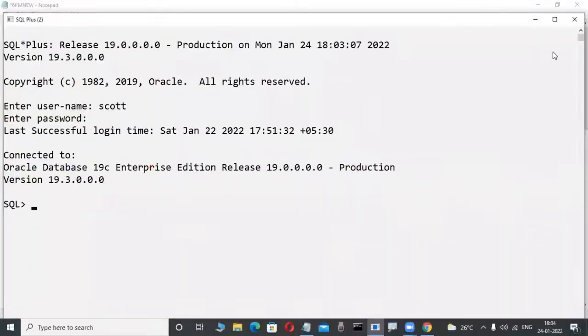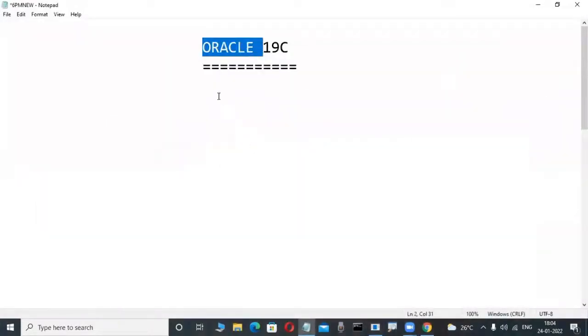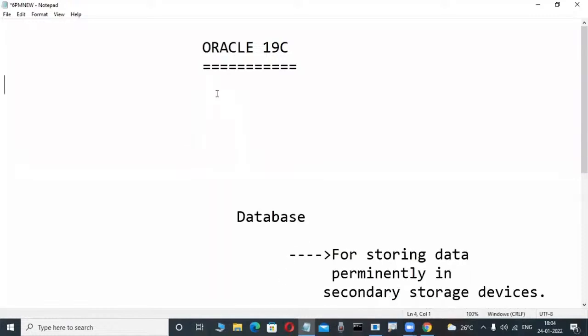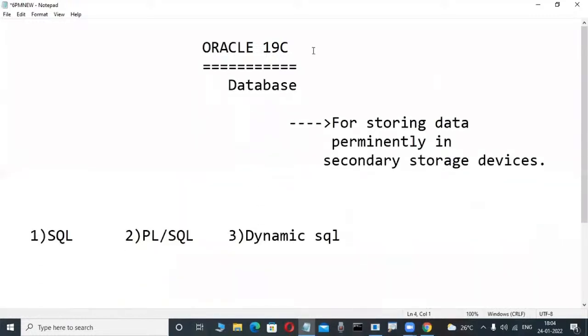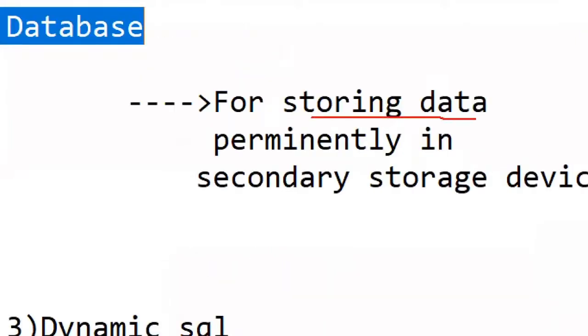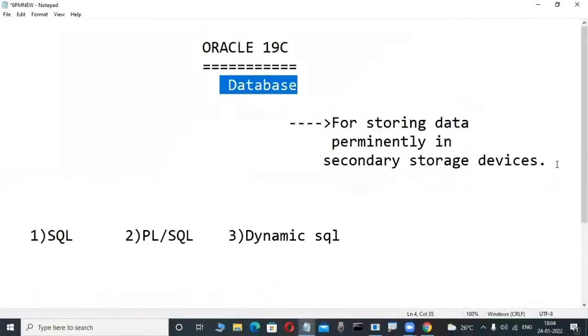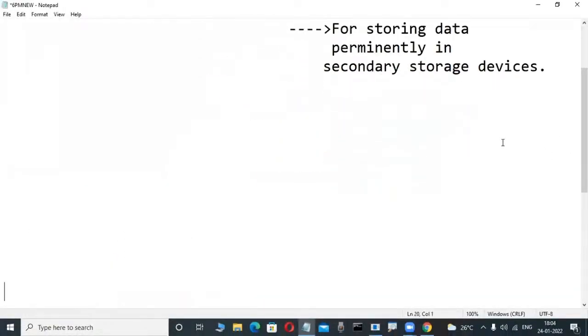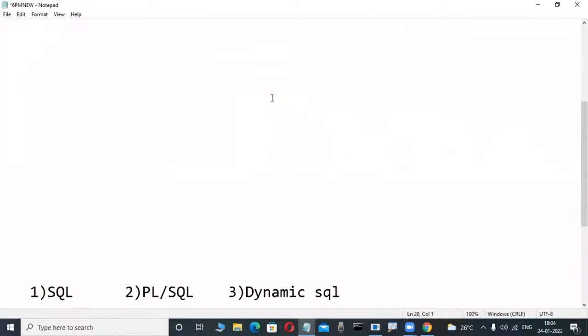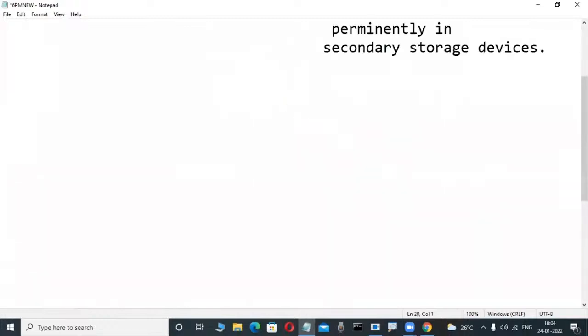What is the purpose of database products? Either Oracle, SQL Server, or DB2, so many products are there. What is the purpose of these database products? For storing data; for storing data permanently in hard disk, in secondary storage devices. But not only permanently storing the data, but also efficiently retrieving the data. Observe slowly here: a database is a place.